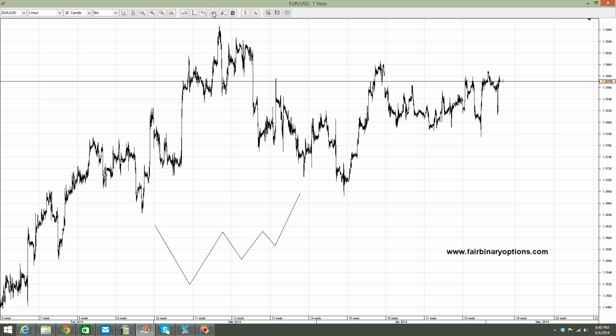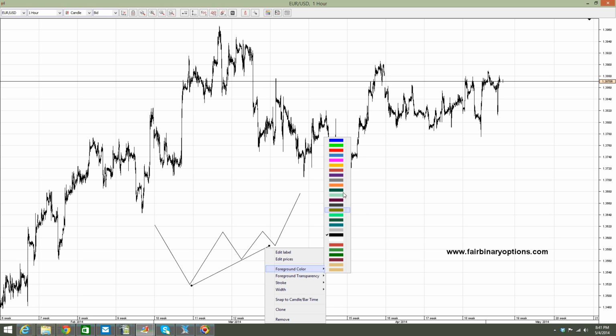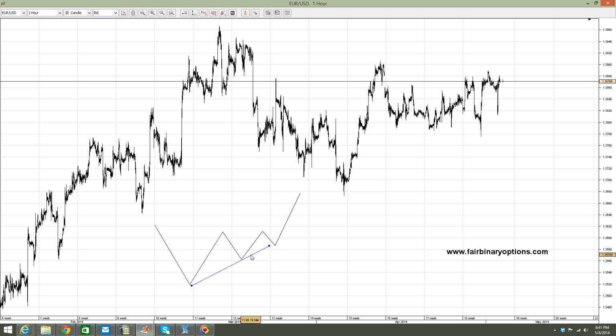Like any triangle, normally this one should travel from the A to C trend line and the B to D one, of course, like this, and we have exactly the same scenario in this area.